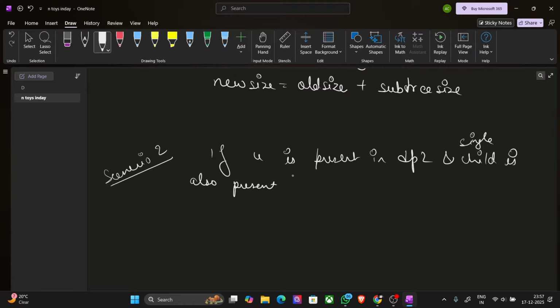When U is present in DP2 and a single child is also present, we can say we have one active branch in this particular scenario.